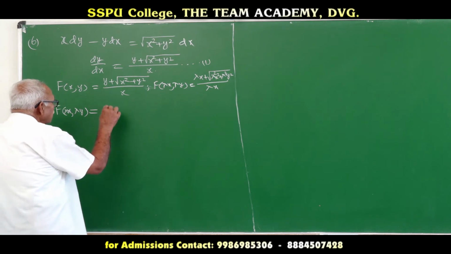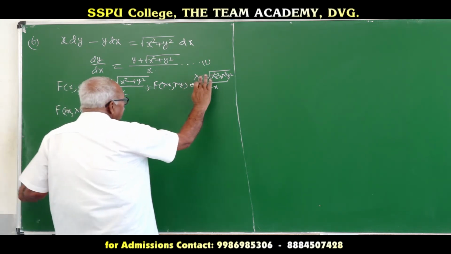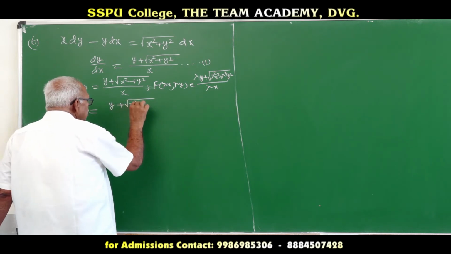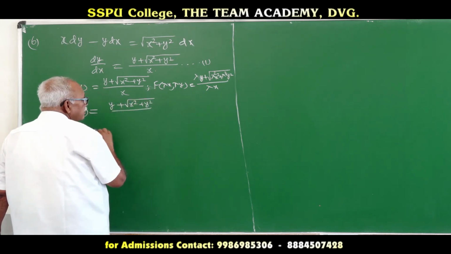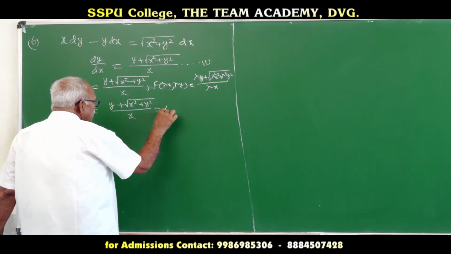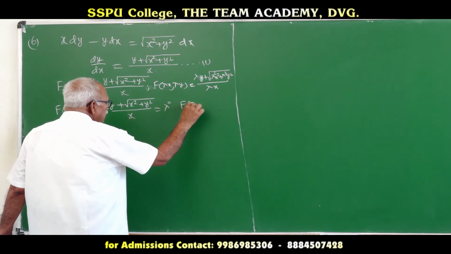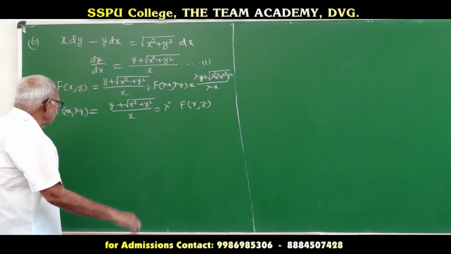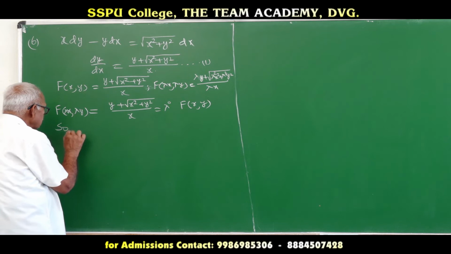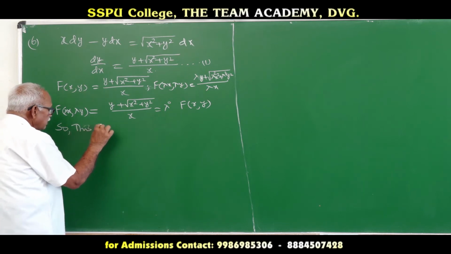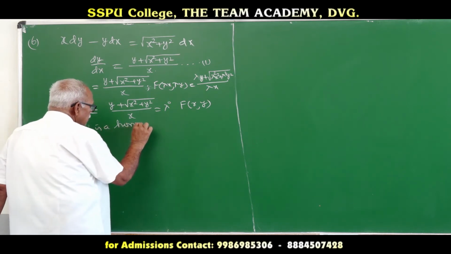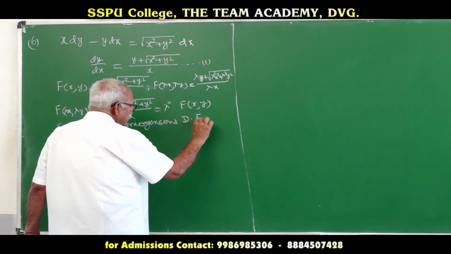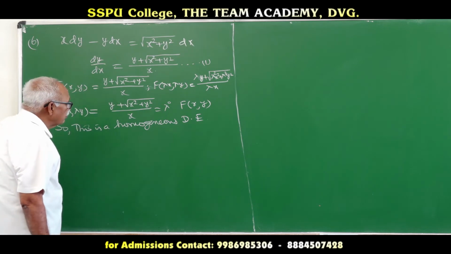So, we get lambda into y plus square root of x square plus y square divided by x. So, this can be taken as lambda power 0 f of x y. So, this is a homogeneous differential equation.